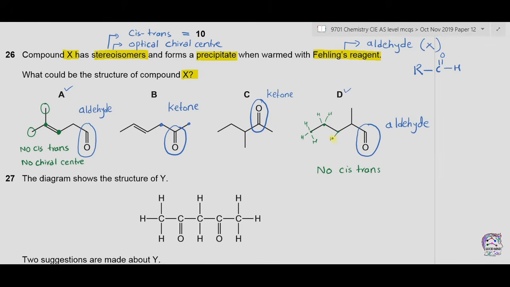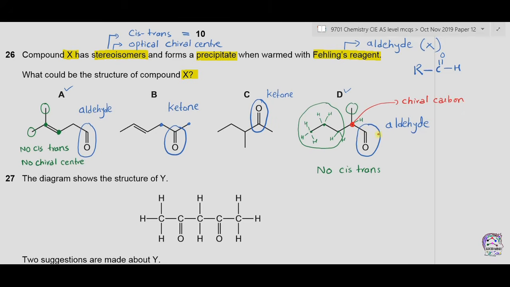This is also attached to 2 hydrogen atoms, so not chiral. This one is attached with 1 hydrogen atom, 1 methyl group, one is this group that is attached, and one is carbonyl carbon functional group. So therefore this carbon is chiral, and whenever a chiral carbon is present, it shows optical isomerism.